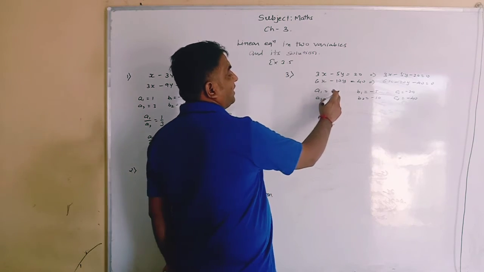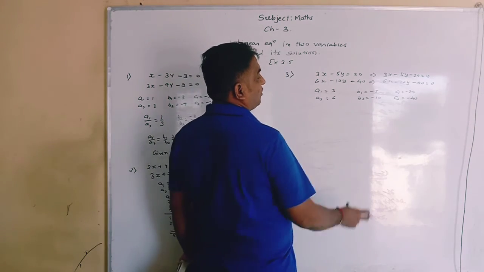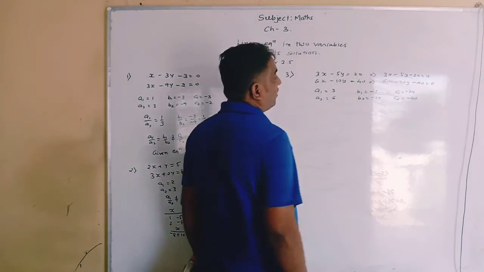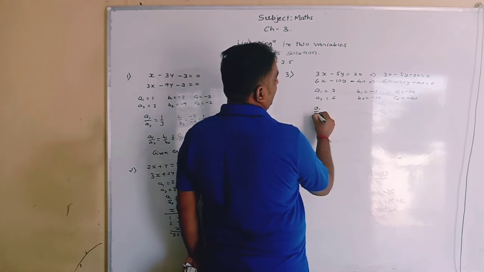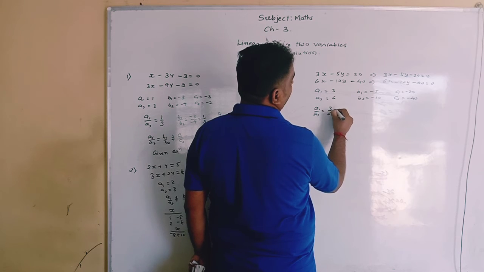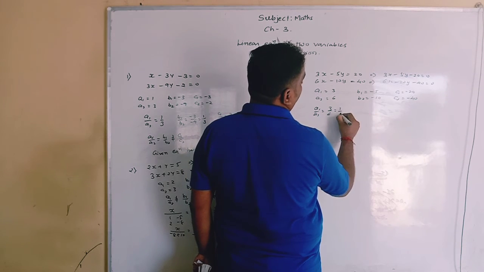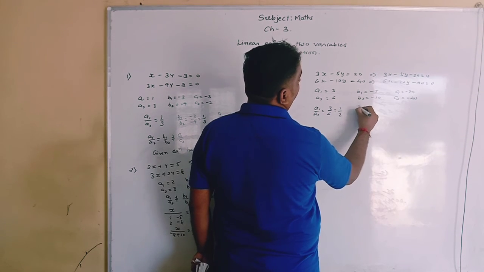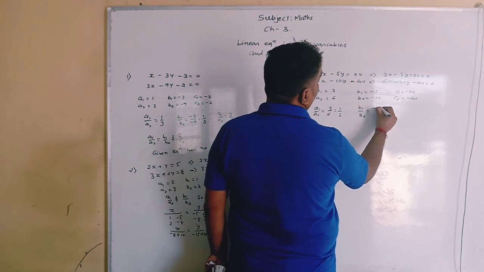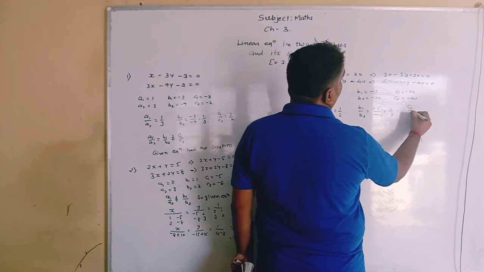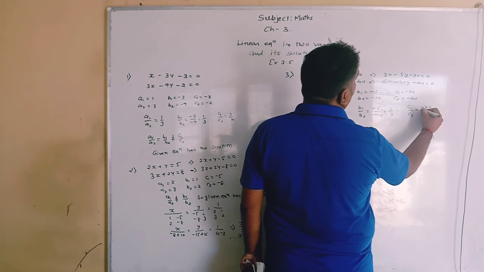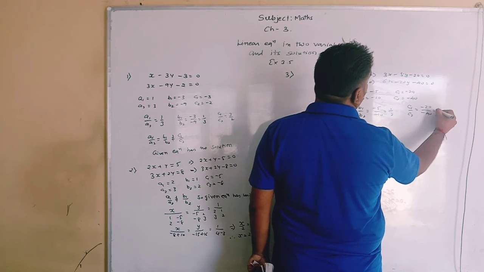So here we can check: 3 by 6 is 1 by 2, 5 by 10 is 1 by 2, 20 by 40 is 1 by 2. Means a1 by a2 equals 3 by 6 equals 1 by 2, b1 by b2 equals minus 5 by minus 10 equals 1 by 2, and c1 by c2 equals minus 20 by minus 40 equals 1 by 2.